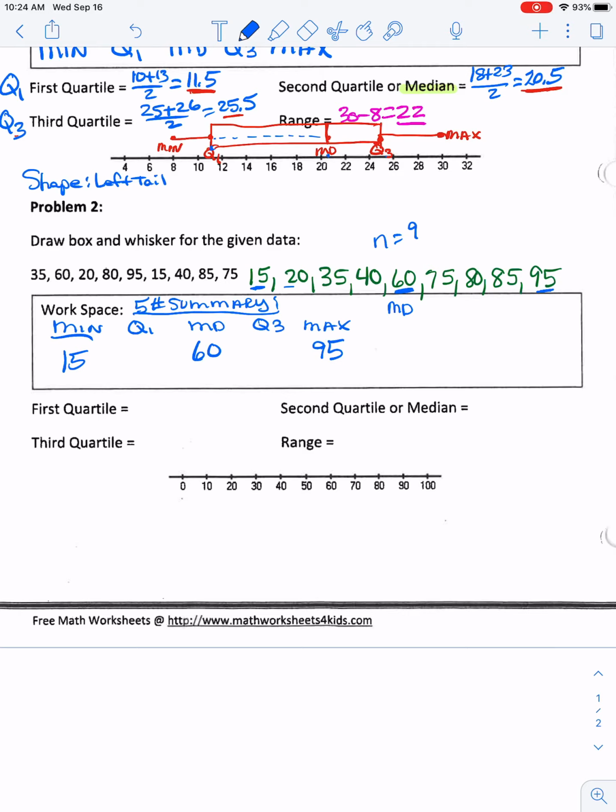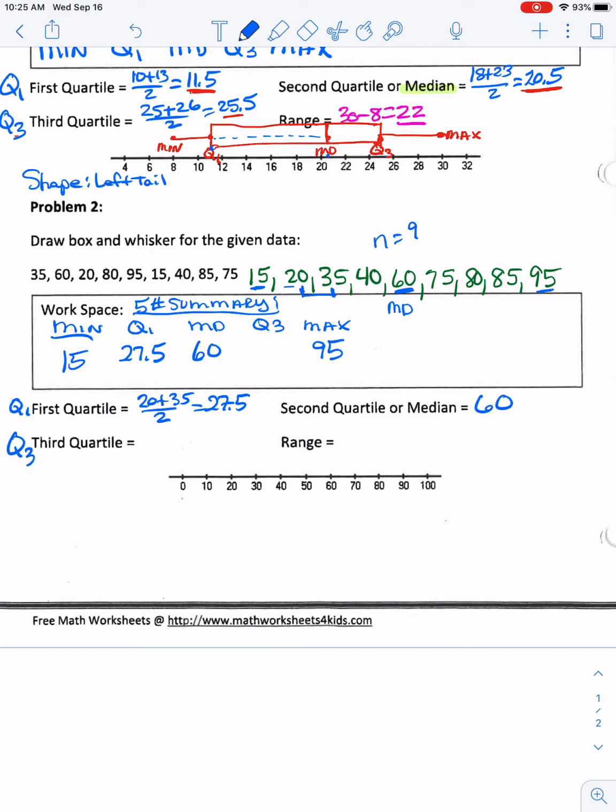Coming back across here to find Q1, it's going to be between 20 and 35. I'm getting out of order here a little bit. So Q1 down here would be 20 plus 35 divided by 2, or 27.5. The median I already said was 60.